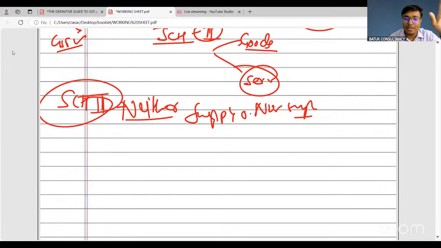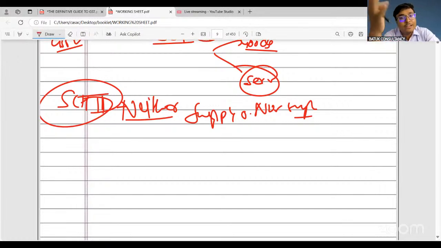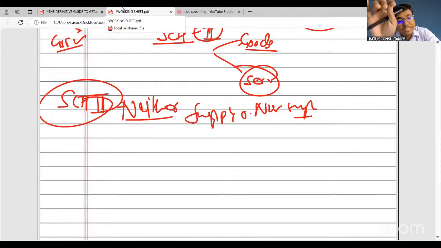So schedule number 1 is a specific schedule in which we decide that certain activities or transactions, even if not for a consideration, will be treated as supply. Schedule number 2: if we have decided that a particular transaction or activity is a supply, now we have to decide whether it is a supply of goods or supply of services.